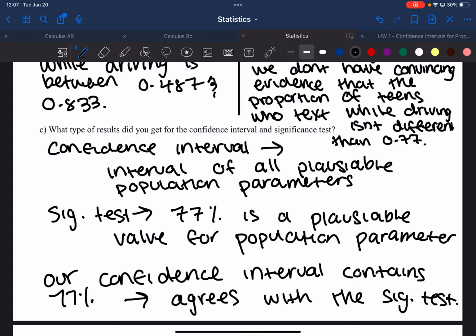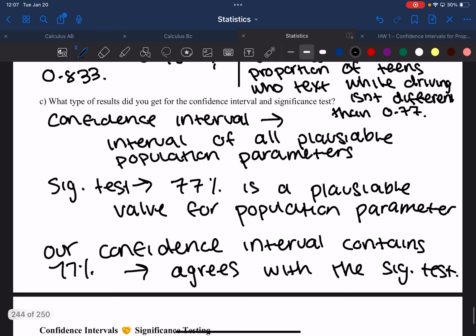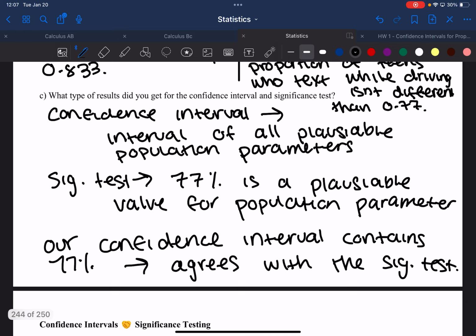Okay. So if it agrees, which means the interval is inside, then we would say that we failed to reject. Okay, so the whole point here is that we now see a connection between the two.